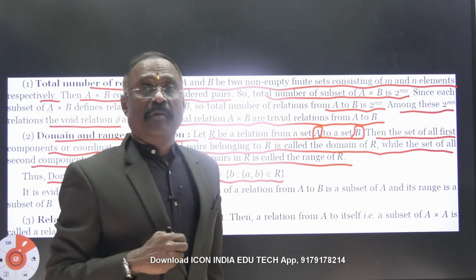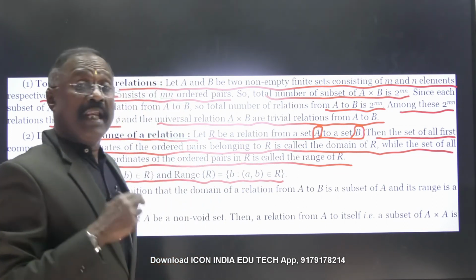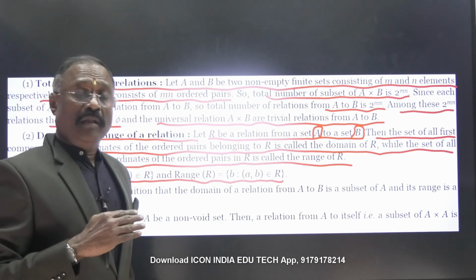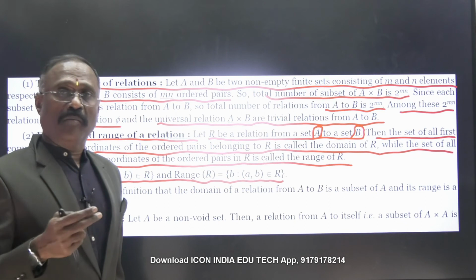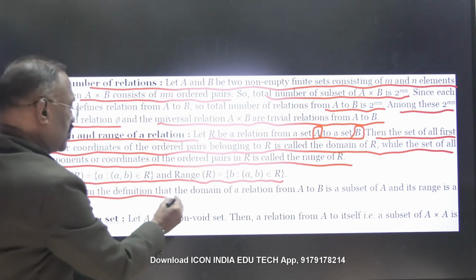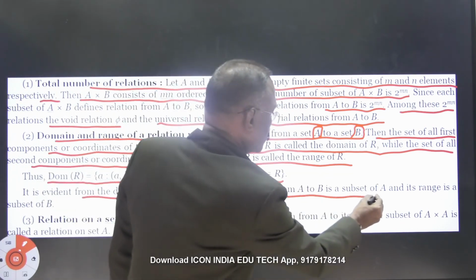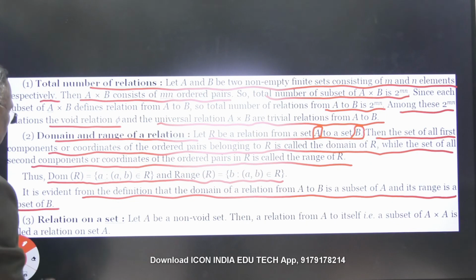So you must have a very good idea about the domain and range. Anyway, we'll be discussing domain and range in more depth in functions. So it is evident from the definition that the domain of a relation from A to B is a subset of A and its range is a subset of B, obviously.